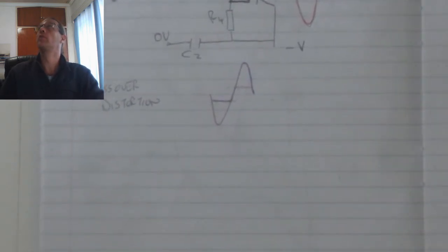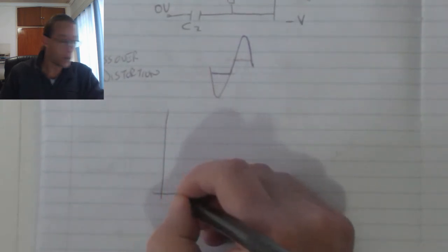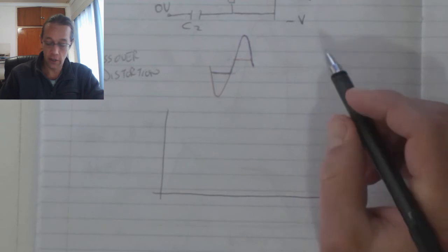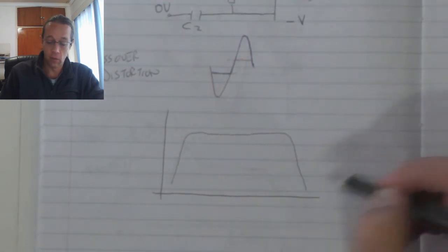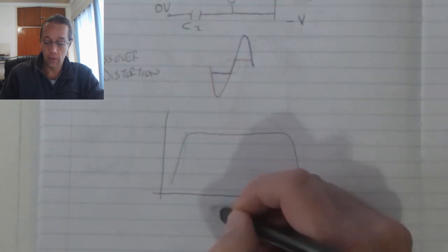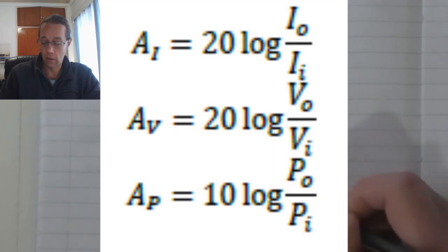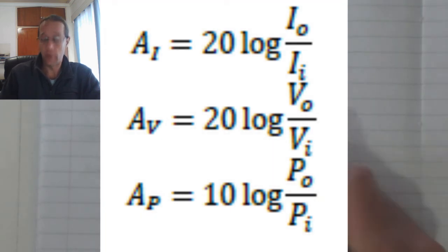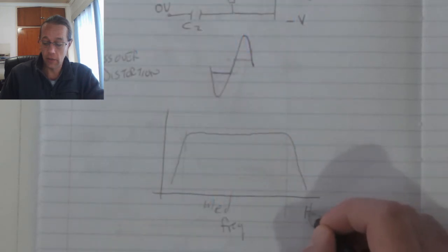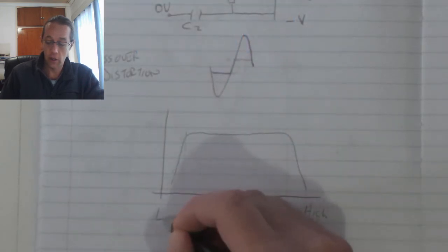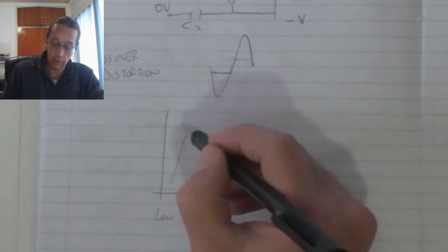When it comes to the frequency response curve, we will have the same as for the RC coupled amplifier. We've got our medium frequencies, wide range of operation at our high frequencies, and our low frequencies we get the drop off values.